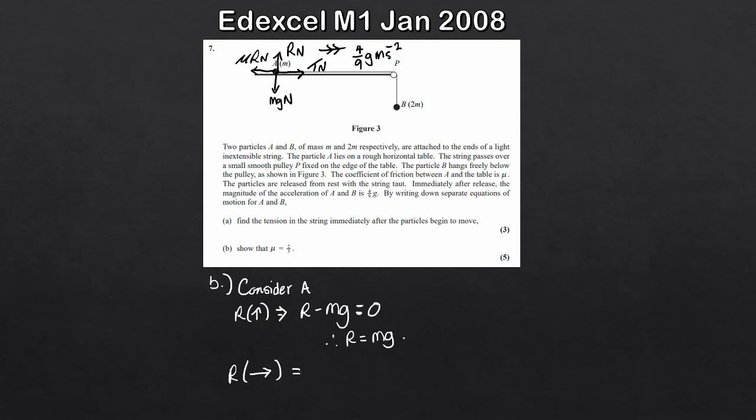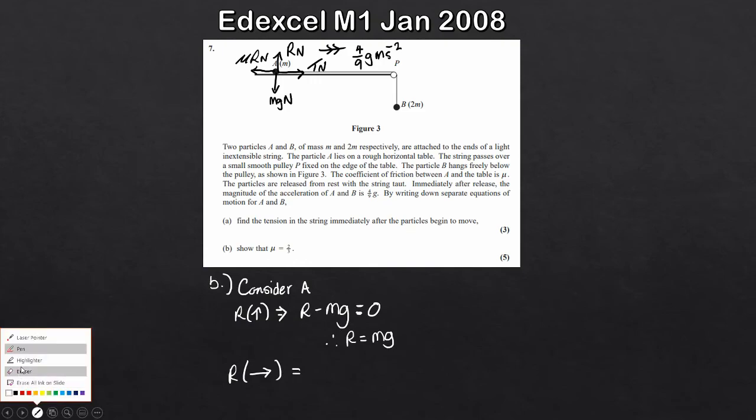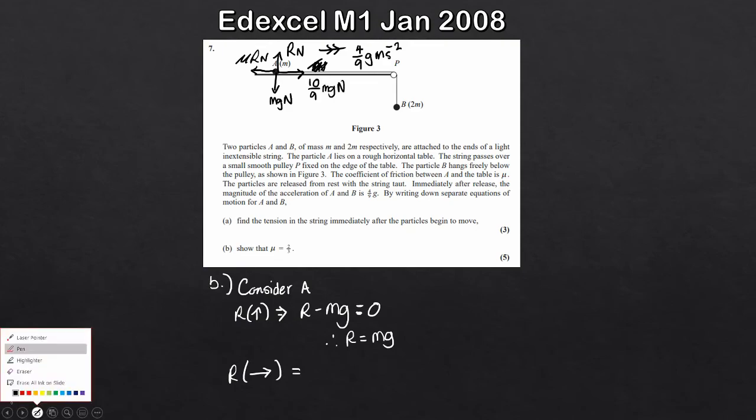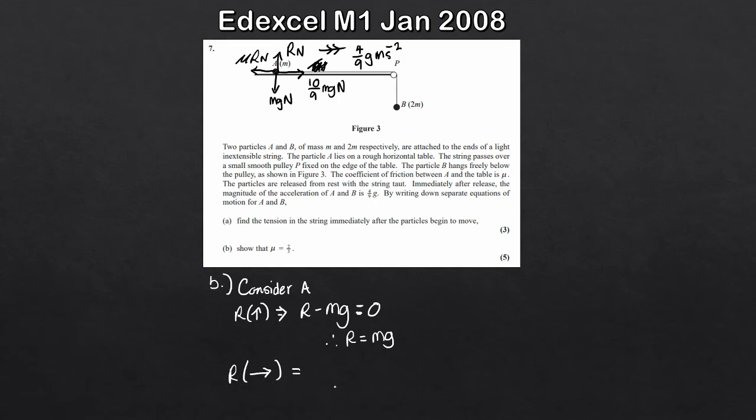We know the tension, so I can update my diagram. The tension, as we worked out, is 10/9 mg newtons. We can use that when resolving.